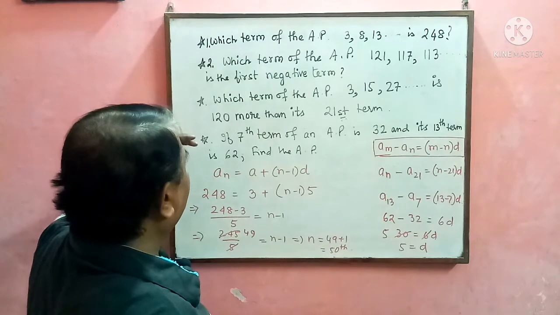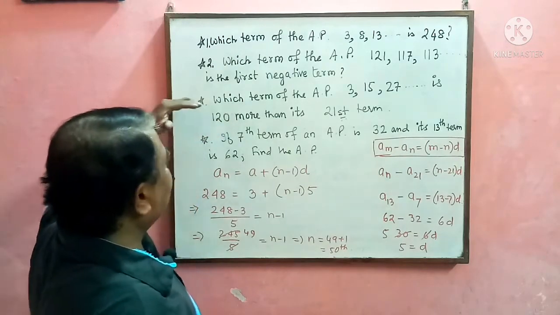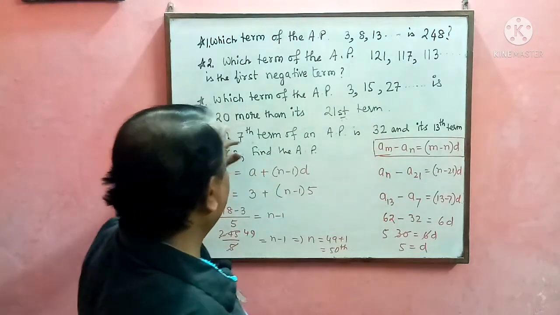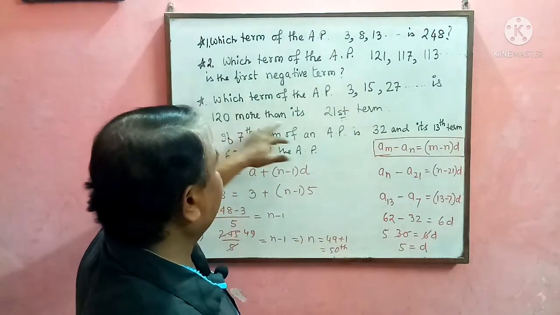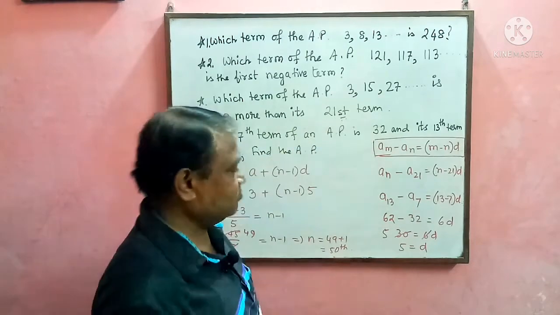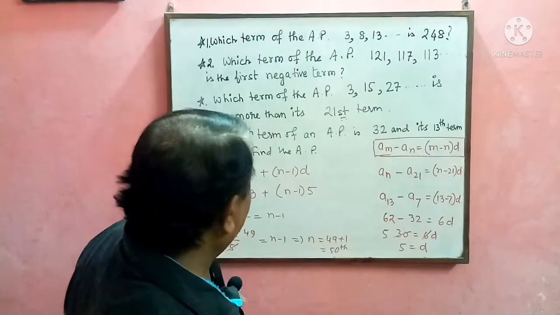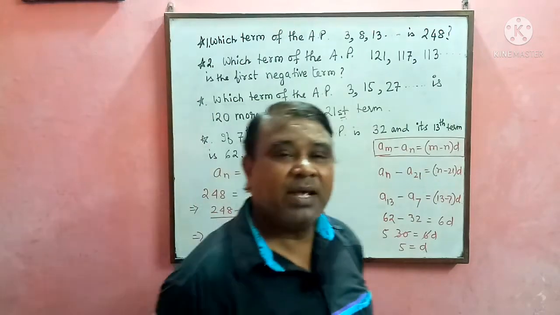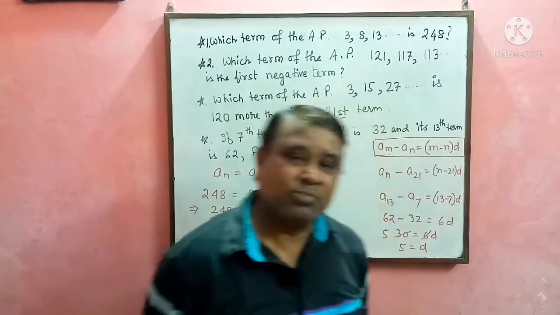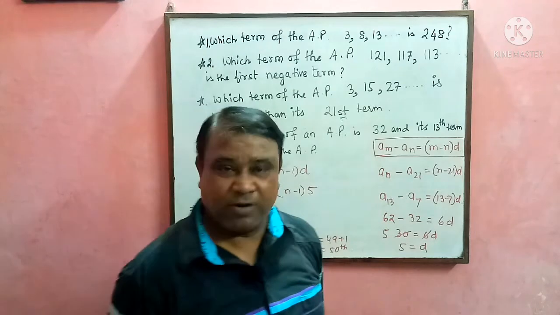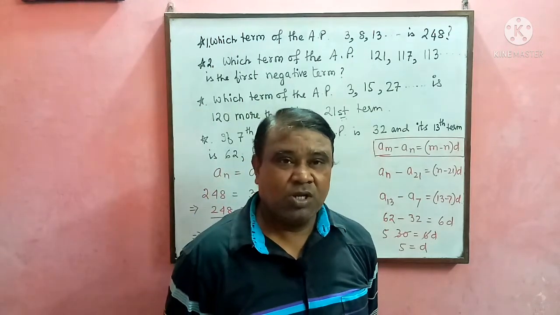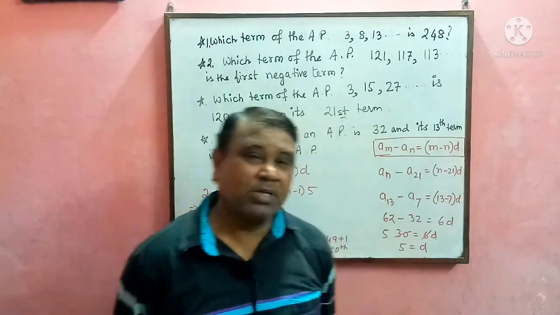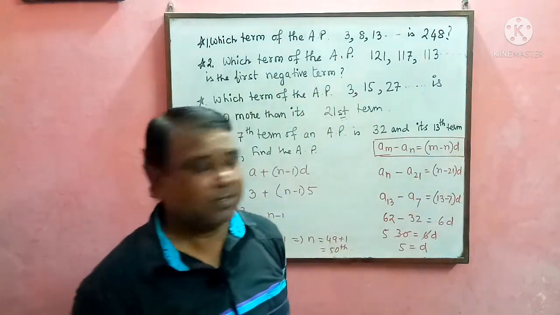Now here again, you come up for this problem. Which term of the AP 3, 15, 27 is 120 more than its 21st term? Here you have to remember, whenever two terms are given, you take the difference between those two terms, and the difference of the numbers into d will be the result.